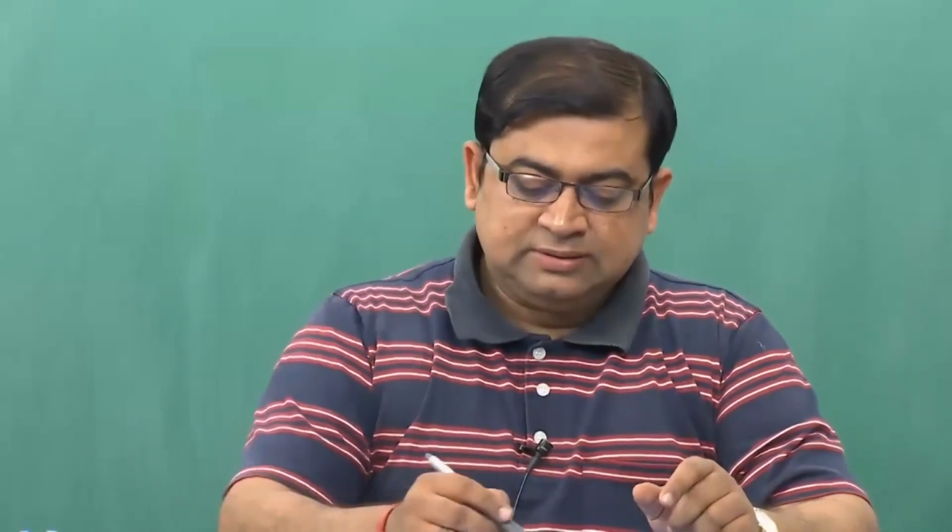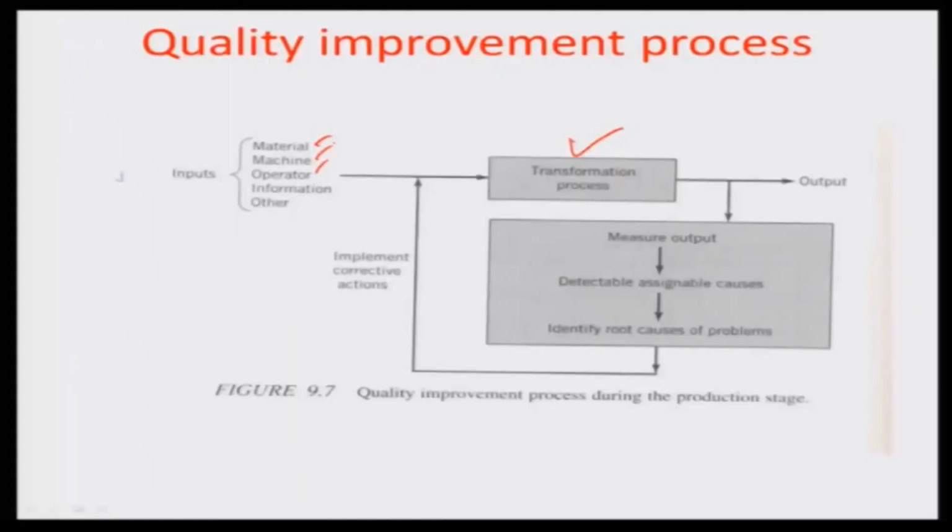So in a way, if you look at it schematically, we have a transformation process as a manufacturing process, with many inputs like material, machine, operator, information, others on this transformation process.